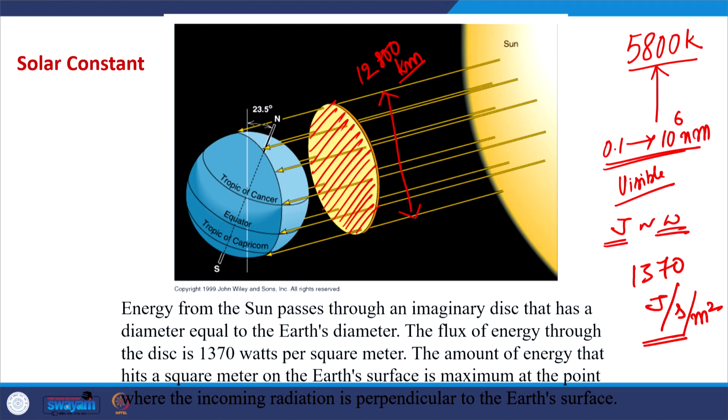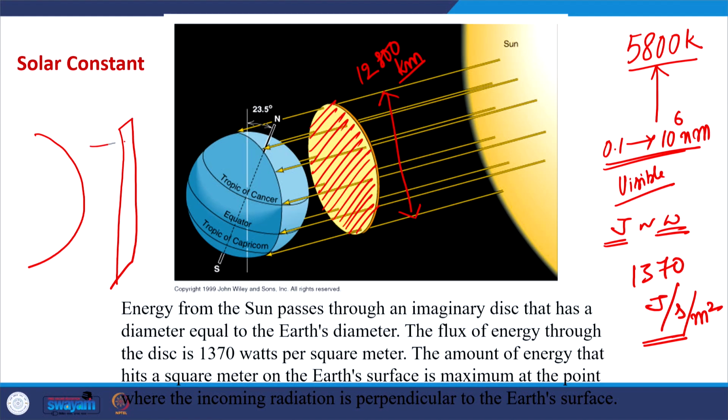Okay. So, this energy is projected onto the earth. And the way it works is that because you have a curved surface, the energy will be deposited unequally over the equator in comparison to the poles. Imagine this, you have a curved surface and you have the energy, let us say you take this disk right now.